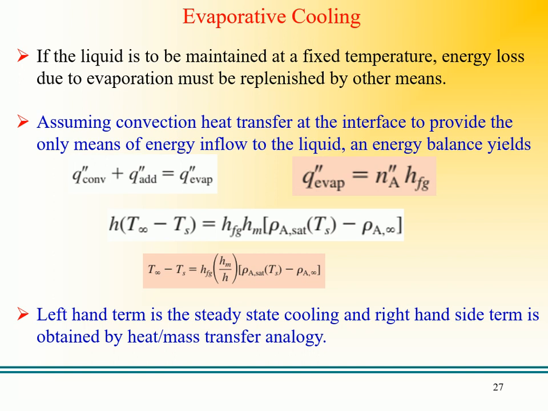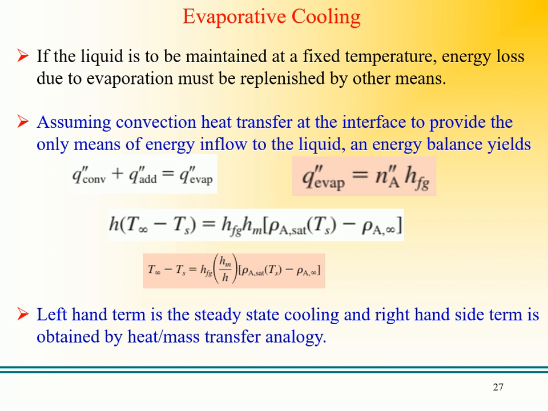The left-hand term is the steady state cooling, and the right-hand term is obtained by heat and mass transfer analogy. The left is the steady state cooling, where the temperature is coming down, and the right side is obtained from the heat and mass transfer analogy.